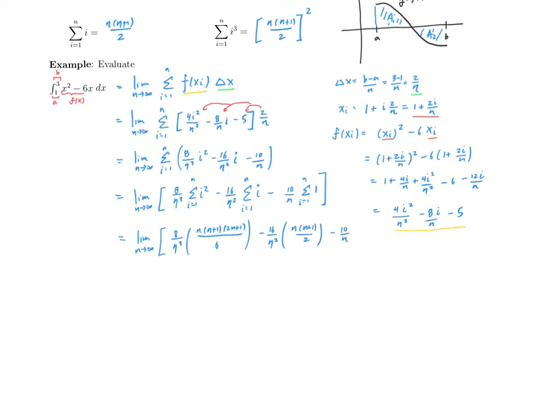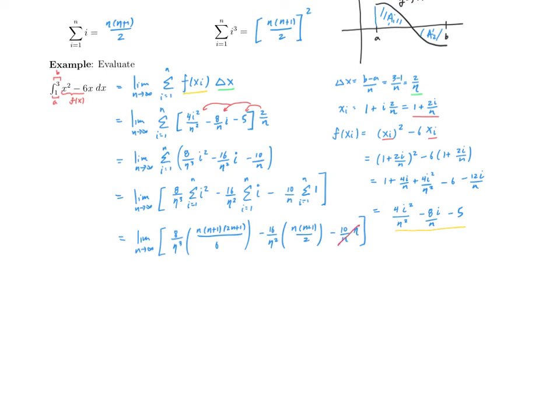And we also have seen that the sum from i equals 1 to n of 1, so that initial formula we had with a 1 replacing the c, is simply n. And there are certainly simplifications that can take place here.